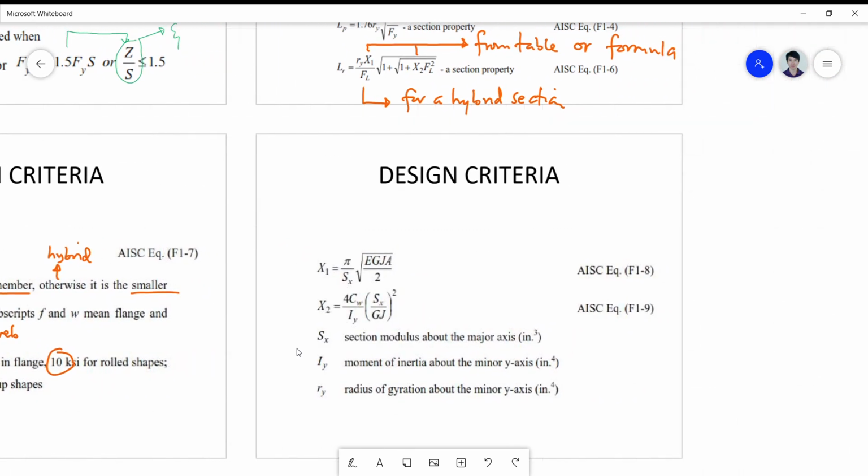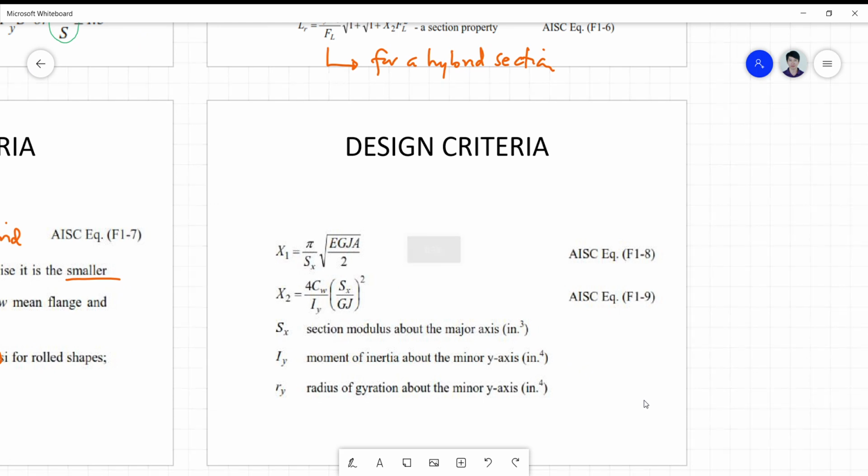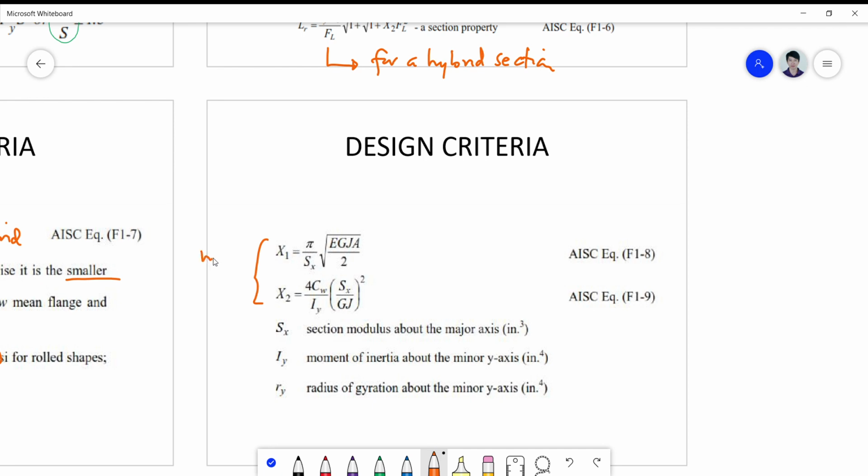For x1 and x2, as I've said, if you don't have a standard section, you have to compute the value of your property, where x1 has something to do with your elastic property, and x2 has something to do with your torsional properties.